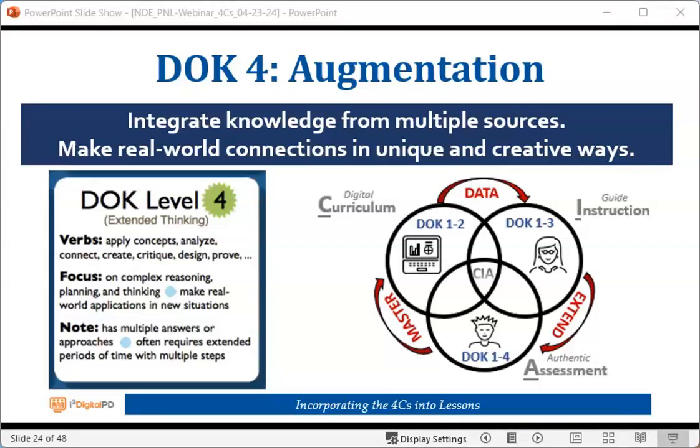They're looking for very complex reasoning, planning, and thinking, right? Designing an experience. This is, like I said, great for cross-curricular performance tasks as well as project-based learning. That has multiple answers, multiple approaches, often requiring extended periods of time with multiple steps. So you can see how that depth of knowledge gets deeper and deeper and deeper.